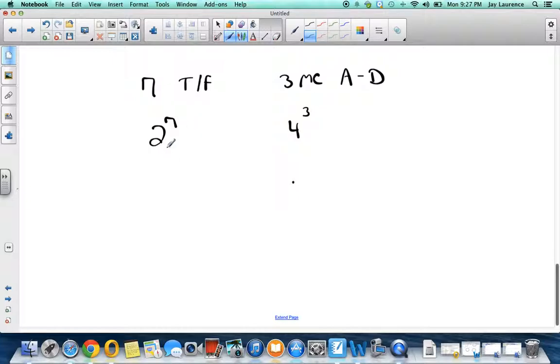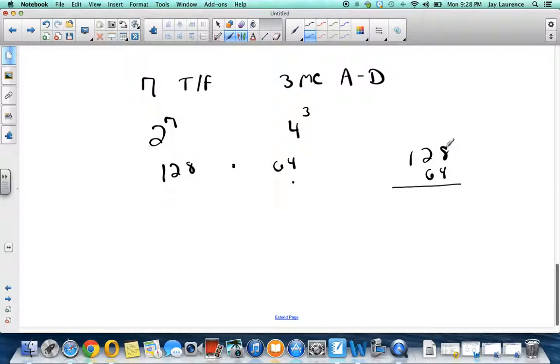Well, 2 to the 7th is 128, right? And 4 to the 3rd is 64. What do you think I should do with these 2 numbers? I should multiply them. So I should do 128 times 64.